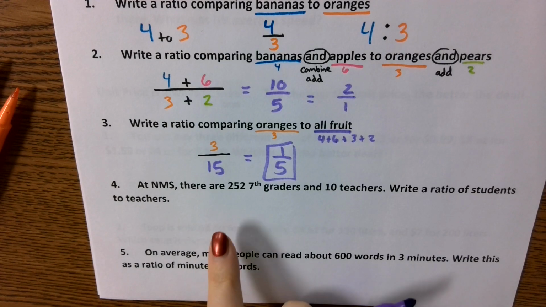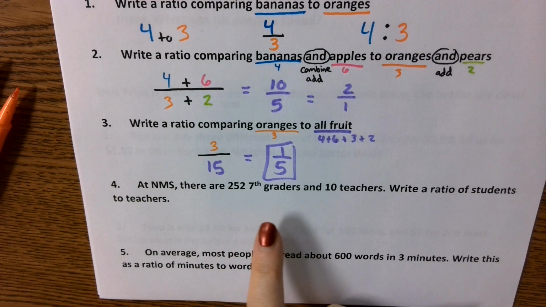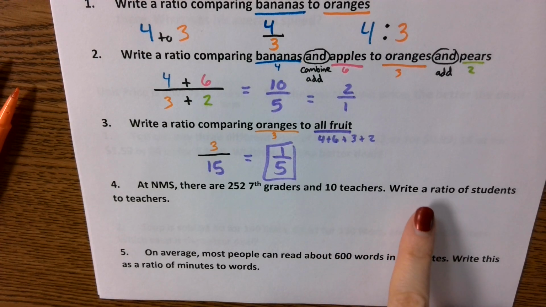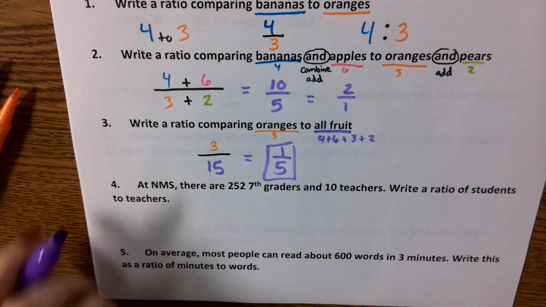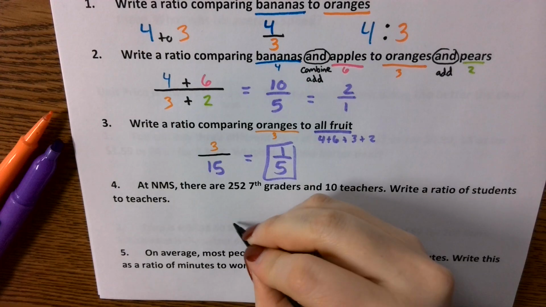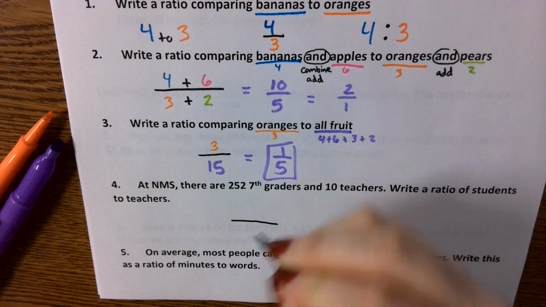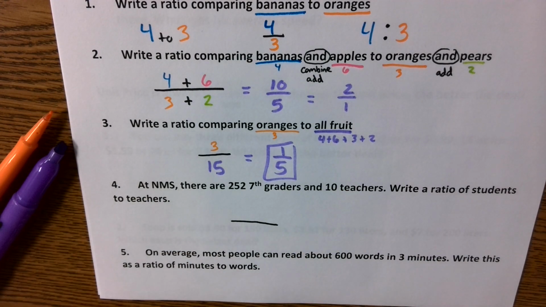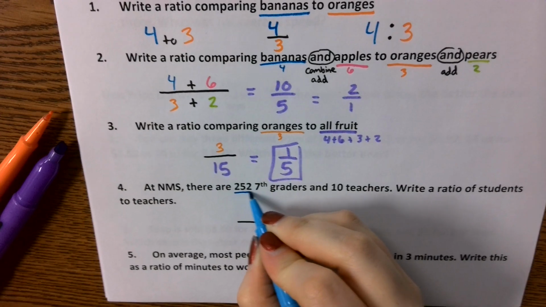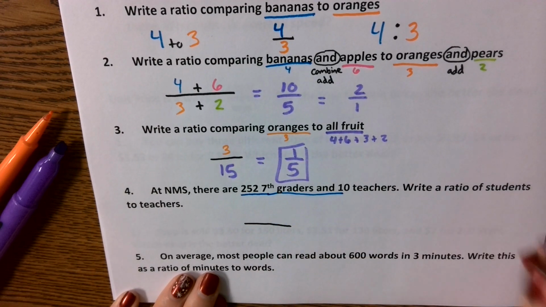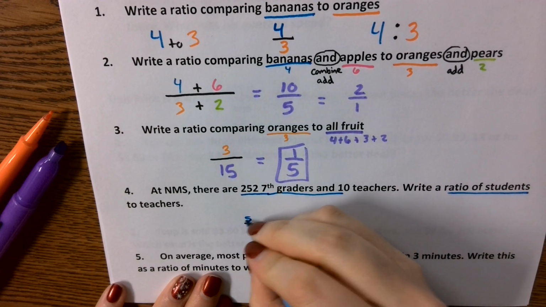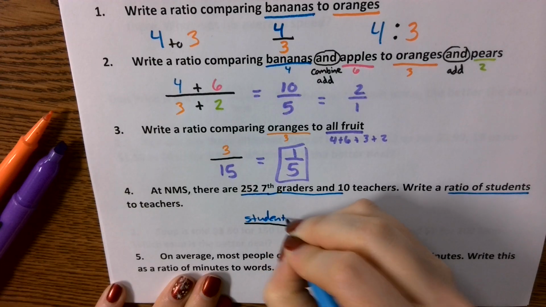Okay? So for number 4, at Northbrook Middle School, there are 252 7th graders and 10 teachers. We want to write a ratio of students to teachers. So what value is going to go on top? 252 students, because we want students on the top.